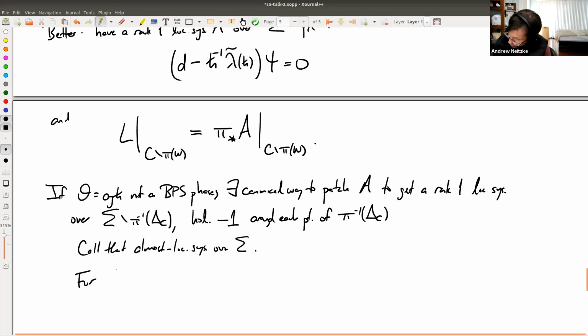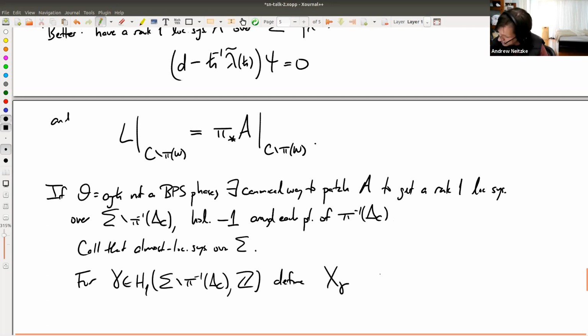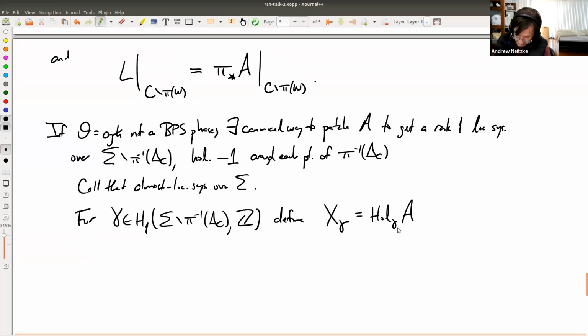Just to say that a little sharper, if I've got a class in the homology of the spectral cover, again with the branch locus removed, I can define just a number I'll call x gamma, which is the holonomy around gamma of this GL1 local system A. Then that's a function we can say something about.